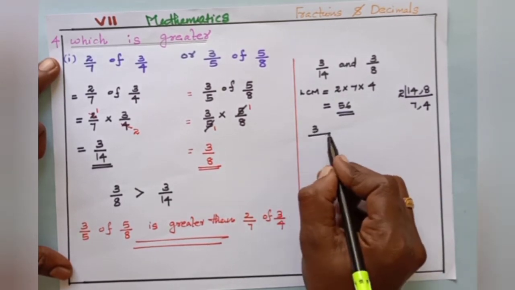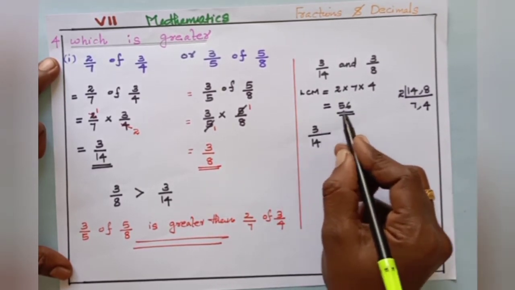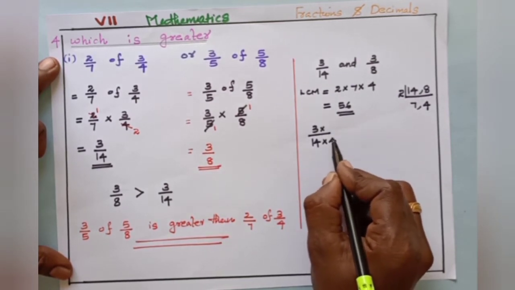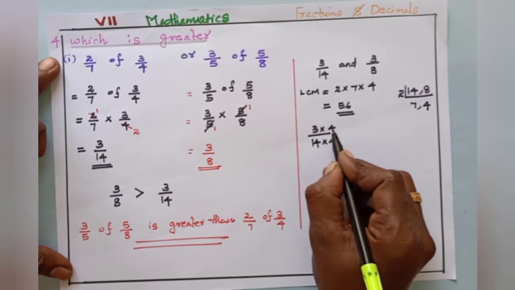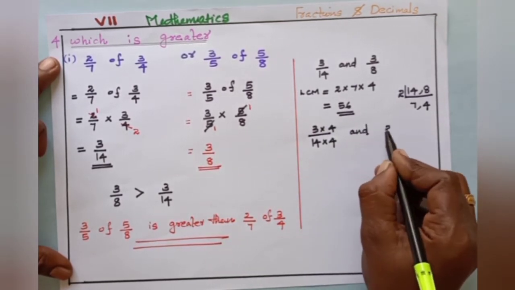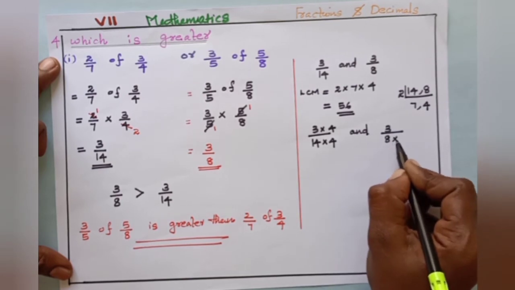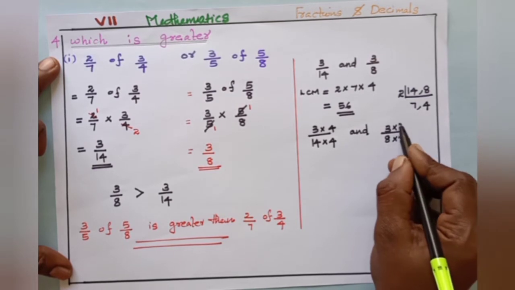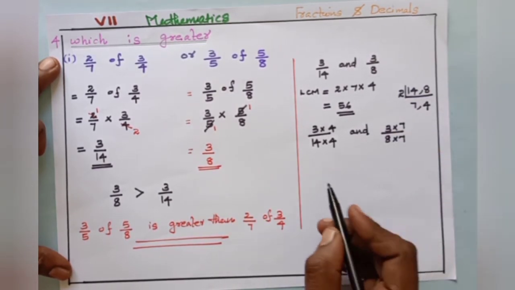Then 3 by 14: this 14 changes into 56. Multiply the denominator by 4, the same as multiply in the numerator. And 3 by 8: 8 changes into 56, multiply by 7 on both denominator and numerator.